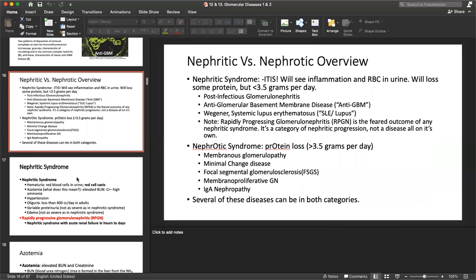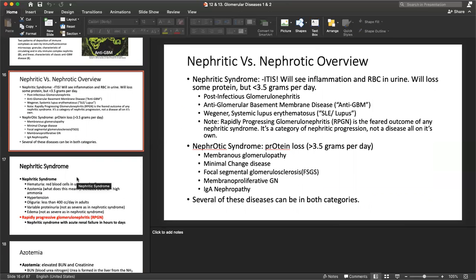Okay. More overview. We've already talked about nephritic versus nephrotic, but just to go over it again, nephritic is going to be a loss of some protein, but not a lot, so less than 3.5 grams. But we're going to see inflammation and red blood cells. So I think of glomerular nephritis, and the itis, the inflammation.